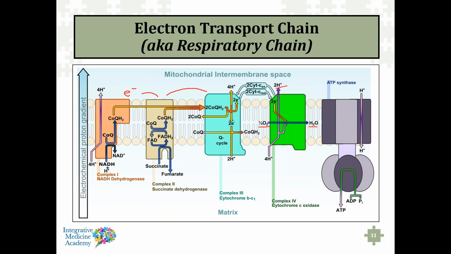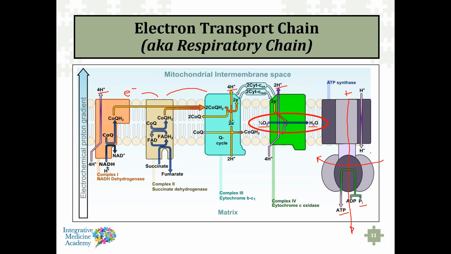At the same time, we're pumping out protons into that inner membrane space for them to accumulate over top of the ATP synthase to influx back into the matrix, and that brings together the formation of ATP through the combination of adenosine diphosphate and inorganic phosphate that's sitting at the lower structure of this complex 5, or what's called the ATP synthase. So basically, we're synthesizing ATP through actions of this channel.